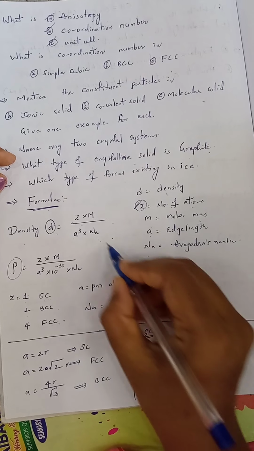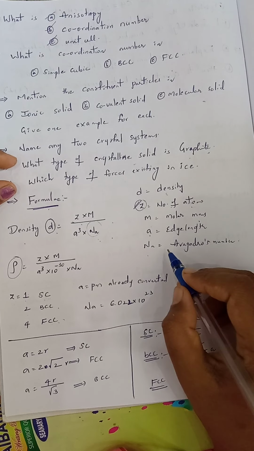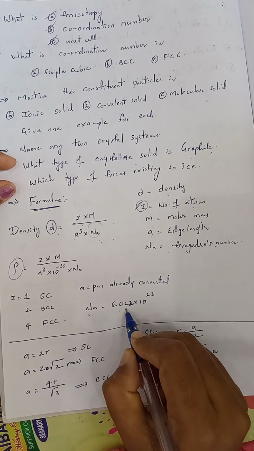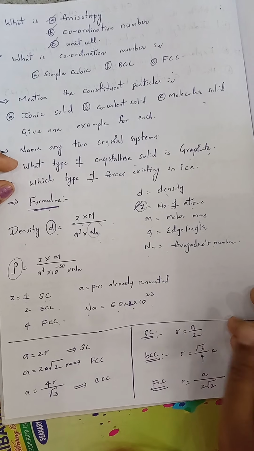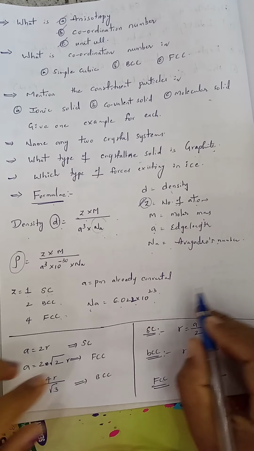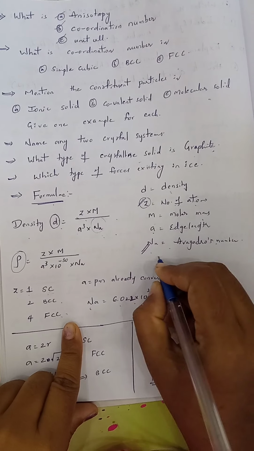Next, Na. You know Na. Na is nothing but Avogadro's number. Na is equals to 6.022 into 10 to the power of 23. This is a constant value.